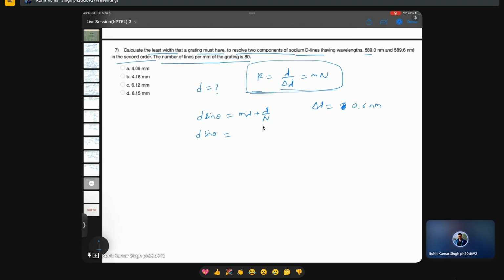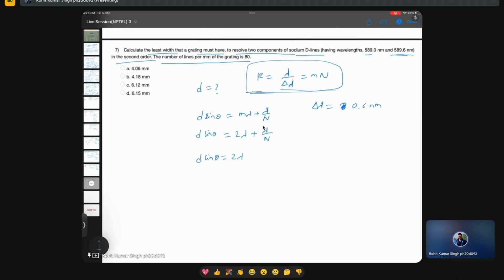Oh yeah, so m is given, second order. So if you put here 2 lambda by n, and then for the lambda plus delta lambda, which is basically this wavelength, you should have the condition of maxima, which is what? Which is just 2 lambda.